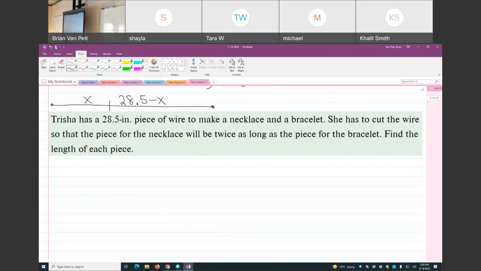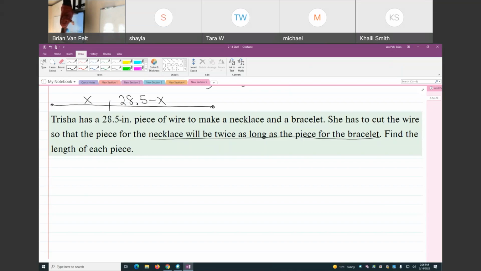Now we have a second equation. Where is that second equation? So, which one of these do you want to be the necklace? Either one of them could be the necklace.